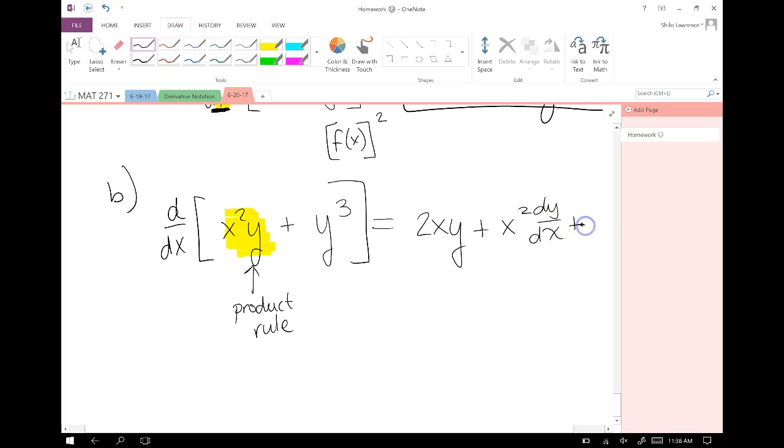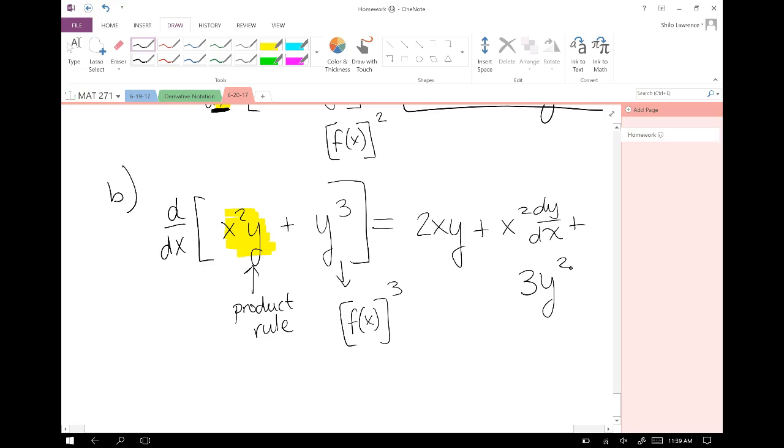And then we also need the derivative for y cubed, which is a chain rule. Because remember, y is a function of x. So that's like saying a composite f of x with a cubed outside. So first we'll start with derivative of anything cubed is we do power rule, 3y squared.